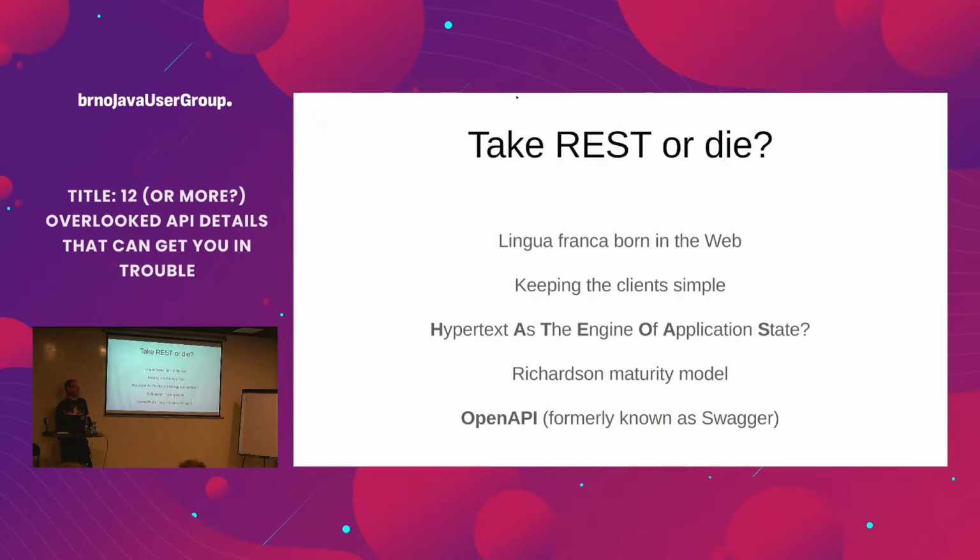And then we have a standard way to document our APIs, and currently the most popular language for that is called OpenAPI. Formerly it was called Swagger. All right.